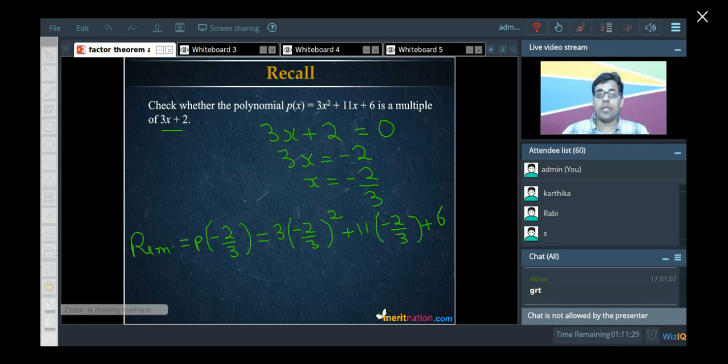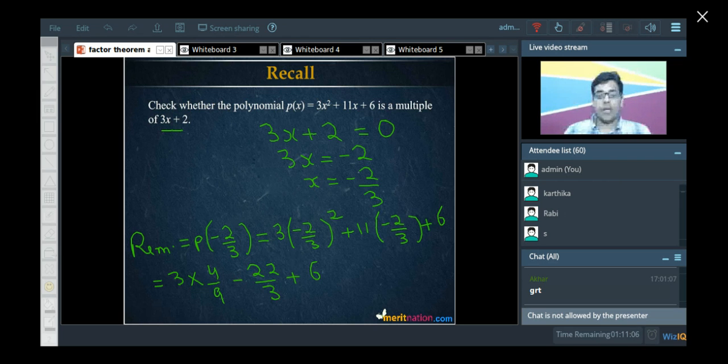Now we can solve this. 3 multiplied by minus 2 by 3 whole square becomes 4 by 9. Then plus 11 multiplied by minus 2 by 3 becomes minus 22 by 3. And then plus 6.